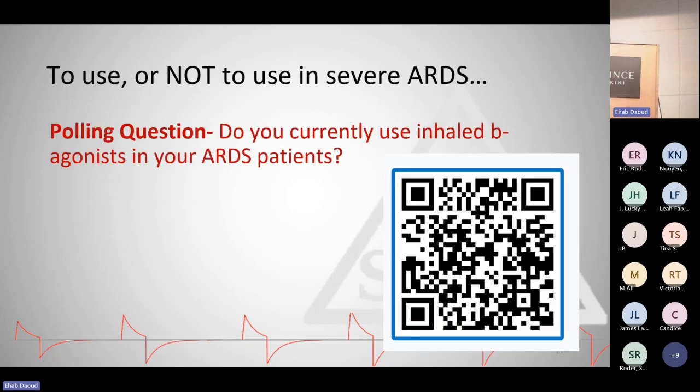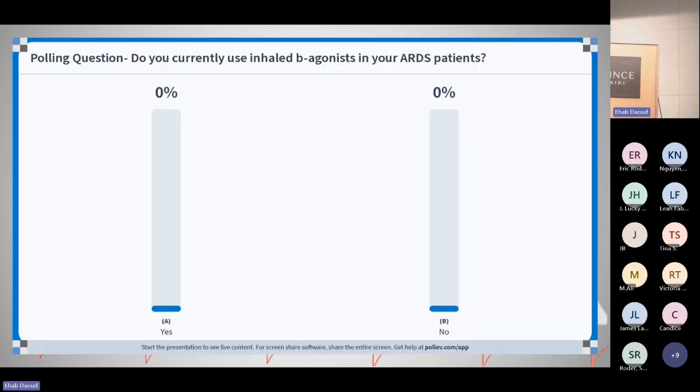All right, to use or not to use in severe ARDS, do you currently use inhaled beta agonists in your patients? Hopefully this goes through. I think the responses are open. I might have had a little... I just do it again and it's like you can only submit once.